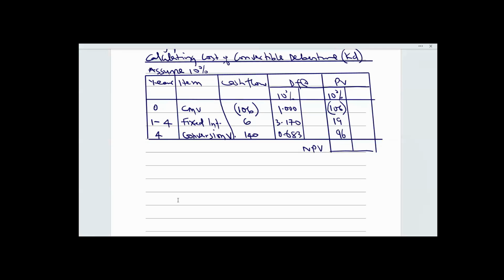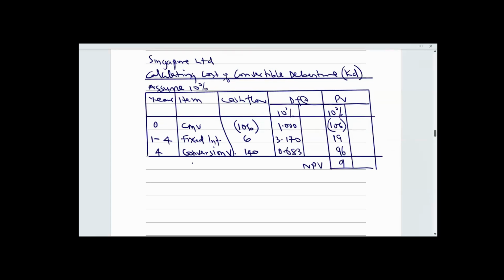So 96 plus 19, that's 115. 115 minus 106 should be positive 9. So we assume 10%. We got a positive NPV of 9.